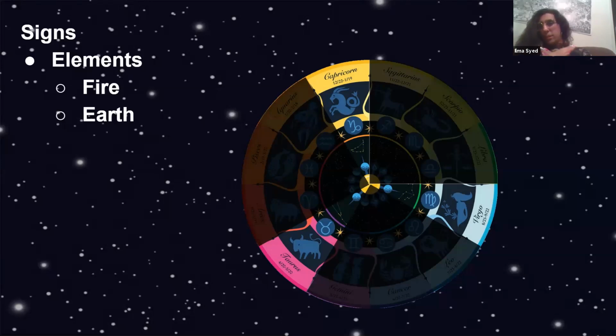I think that's the best way to put it. Are there any questions on Capricorn in that respect? Or actually any of the Earth signs?